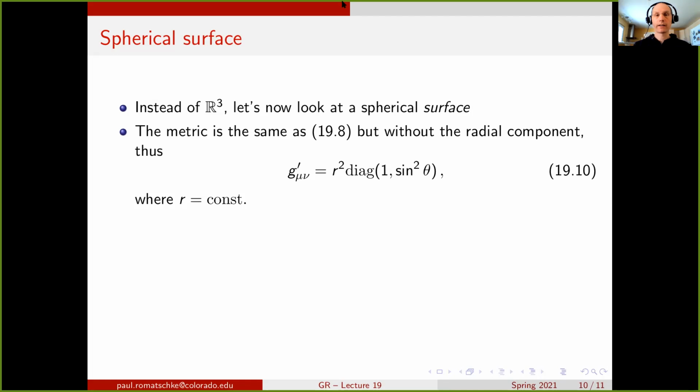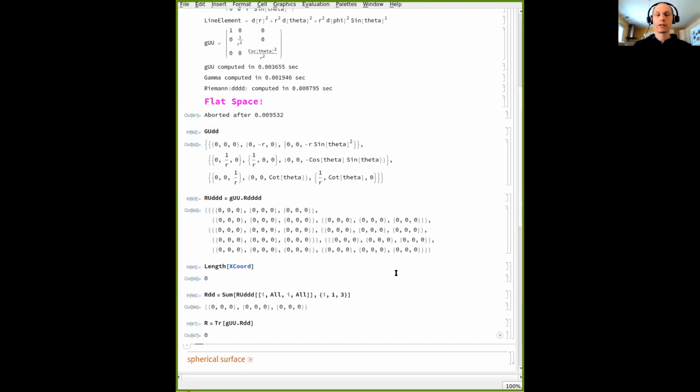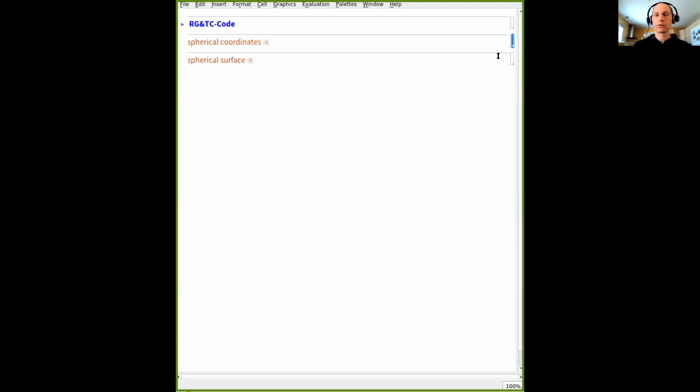So we can go back and calculate the corresponding properties for this particular tensor. So let's go back to our example where we want to look at the spherical surface instead of spherical coordinates. So we have 2 coordinates, and our metric is the following form.